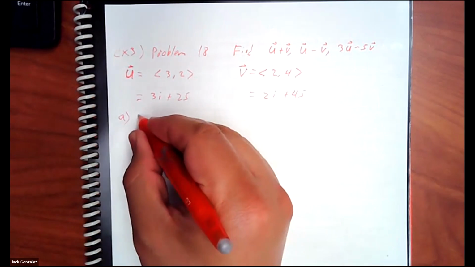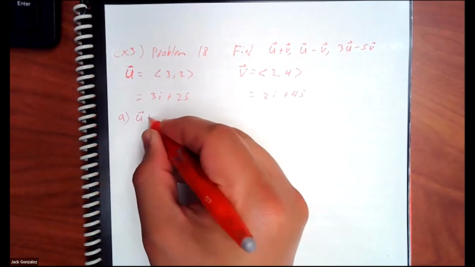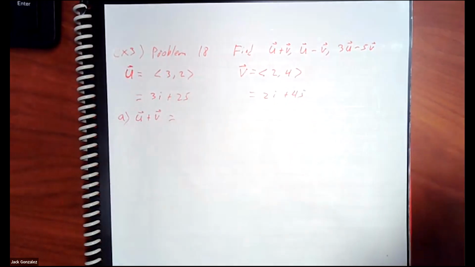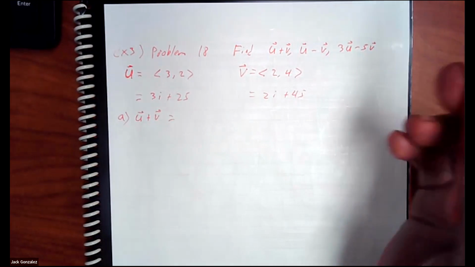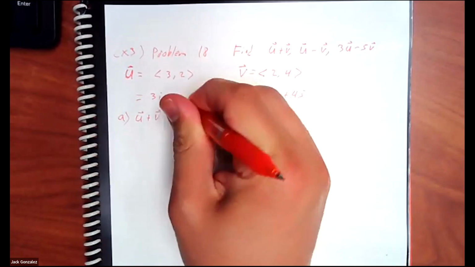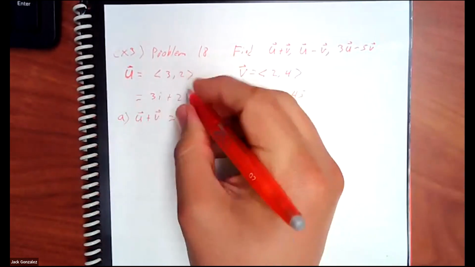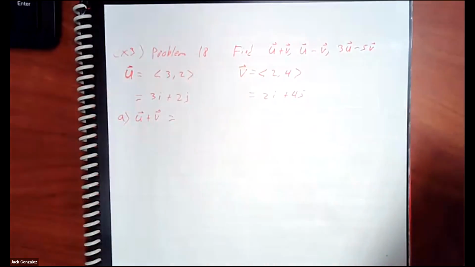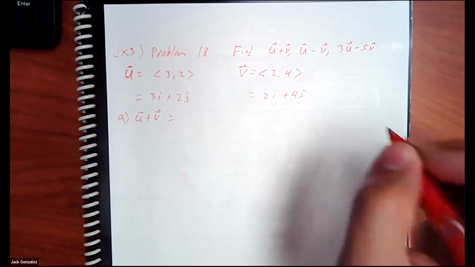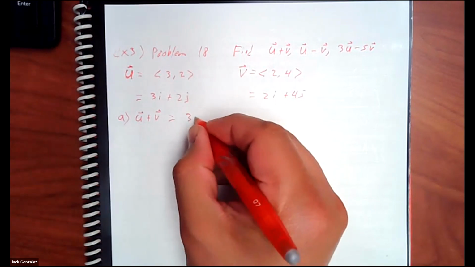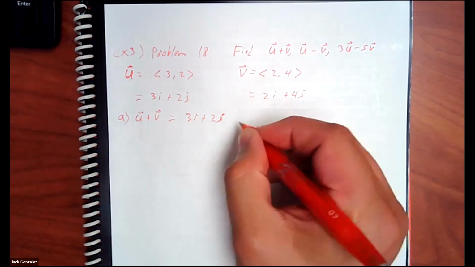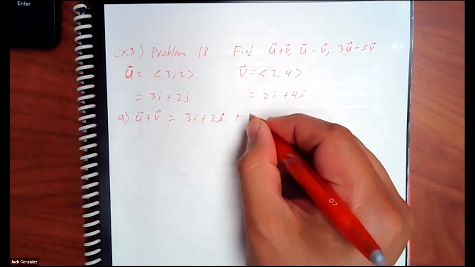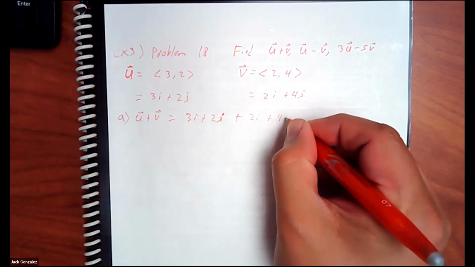So part A, u plus v. If we leave it in the ij components, it's a little easier to see. That's a j, not 25. So that'll be 3i plus 2j plus 2i plus 4j.